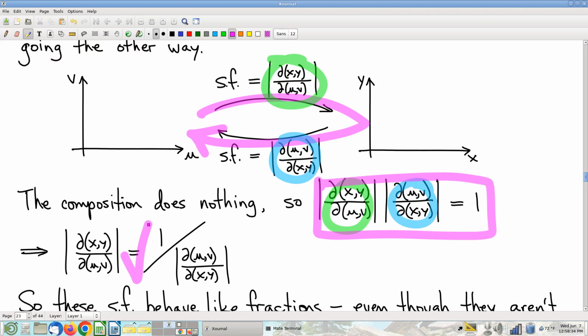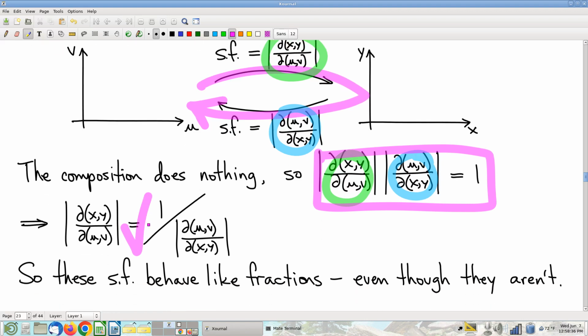What are the odds? Isn't that nice? So you actually can treat them as fractions. I mean, they aren't, but this is another one of those very convenient sloppiness situations. So, nice little trick there.